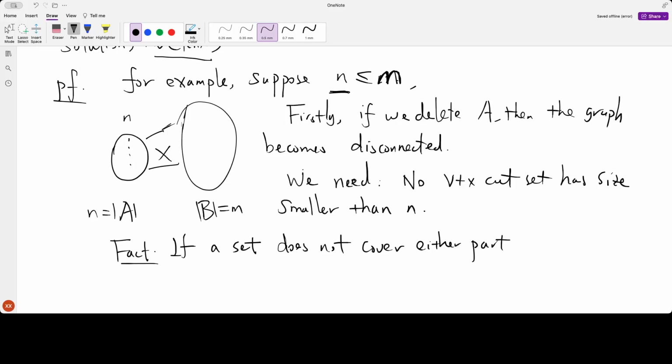For example, a set S covers some part of the left and some part of B, then it is not a cut set. Okay, the remaining part, they have to connect to each other.